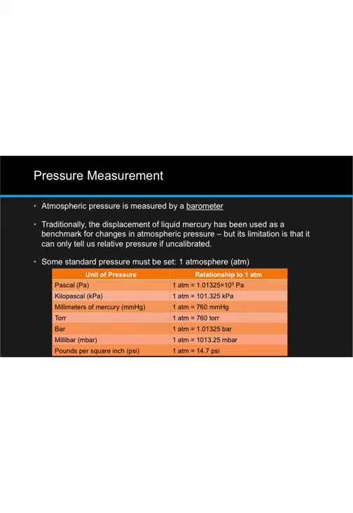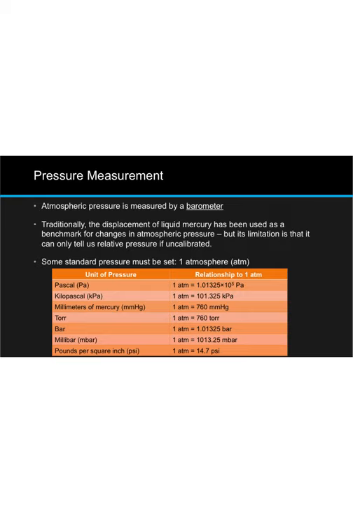Typically and traditionally, pressure has been measured as a relative quantity, comparing the displacement of a liquid like mercury to some benchmark pressure, say the normal pressure that all the gases in the atmosphere together exert. This means of measuring pressure is a relative means, meaning that we can only know what the pressure of a gas is relative to something else.